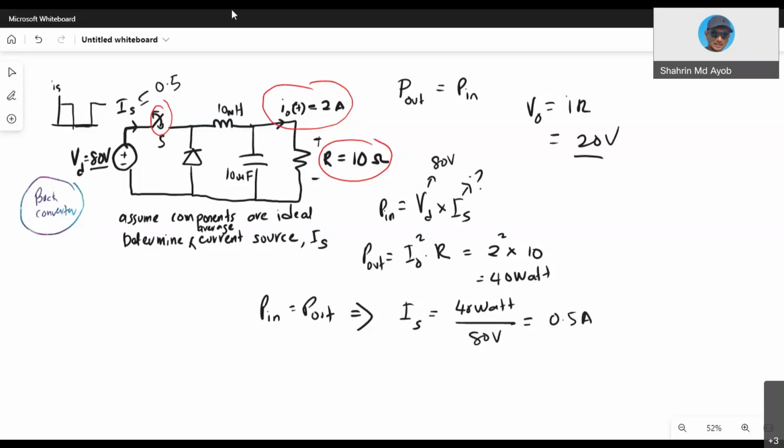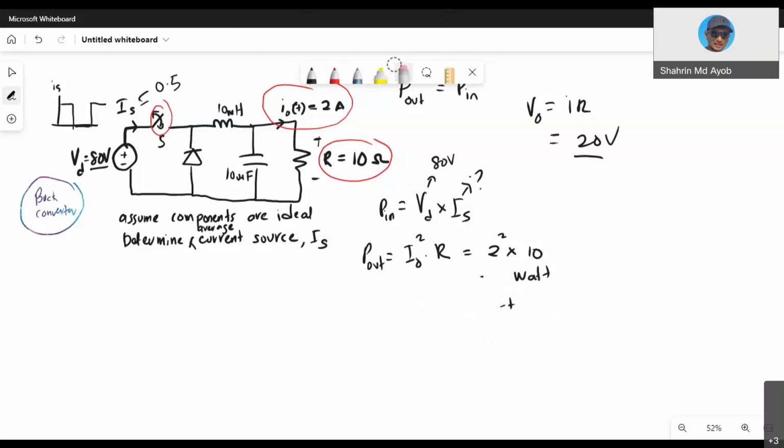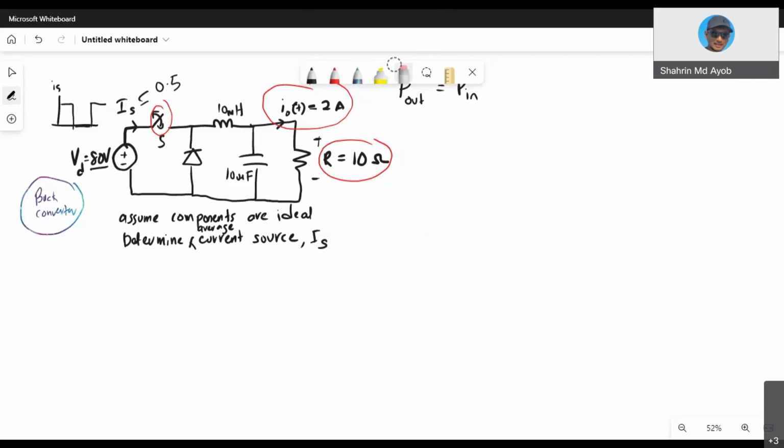To double check, you can use some equations we have already learned from the buck converter characteristics. So let's see how to double check it using what we have already learned.